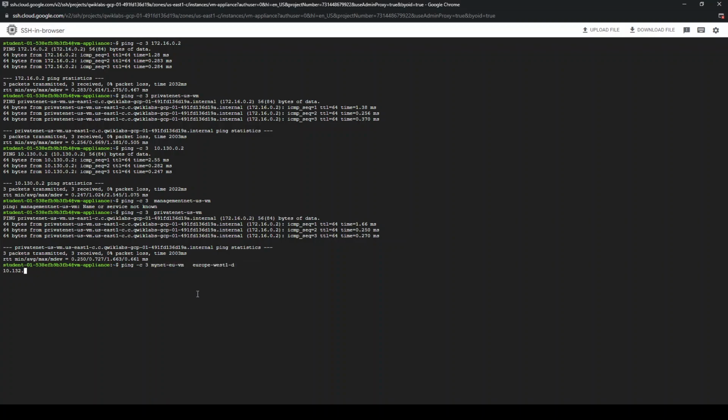First, I will ping with the name. Doesn't know. They have different network. That's okay. And now with the IP, internal IP address. That works. They have the same network. You can ping by the alias.